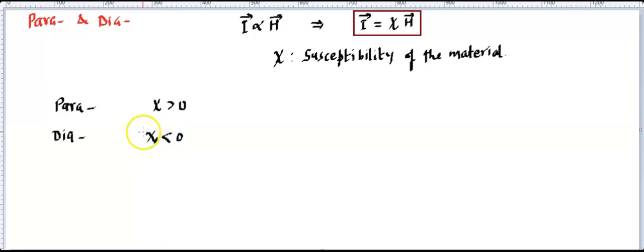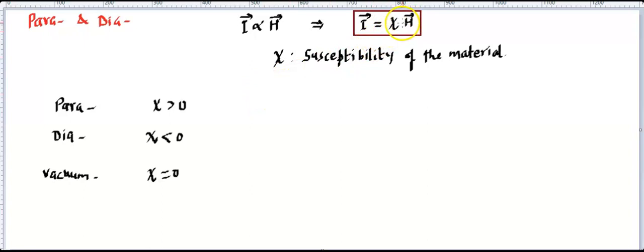And for no medium, or let's say for vacuum, what will be the case? In vacuum, you will find this magnetic susceptibility is 0, so I will be 0, and we know this I is only there if there's an H available.